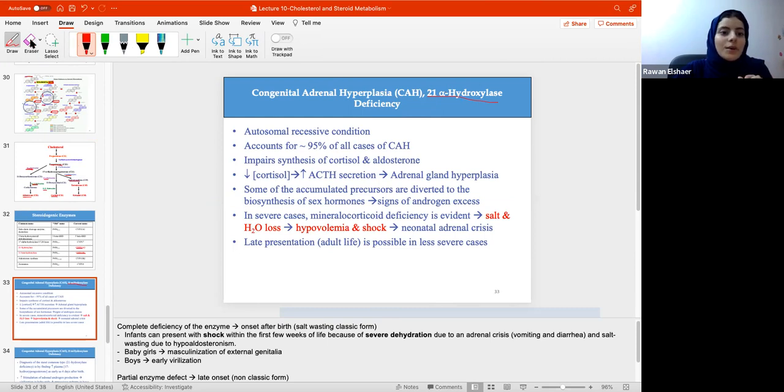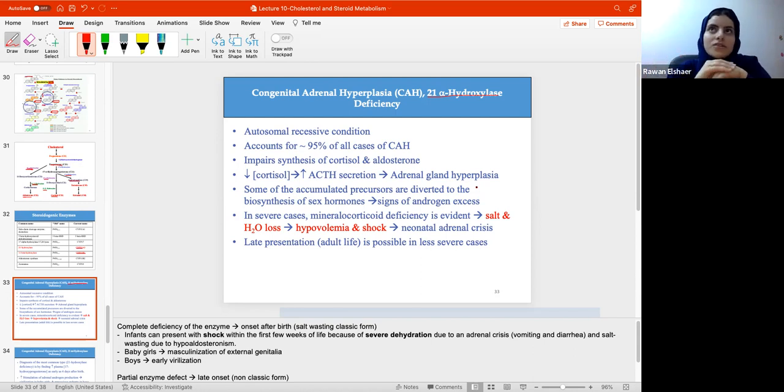It will save you a lot of time in the future. Whenever you have 21 alpha hydroxylase deficiency, first of all, you need to know that there are two forms of this deficiency. It's either completely absent or partially defective. And as you can guess, the complete absence is more severe than the partial one.